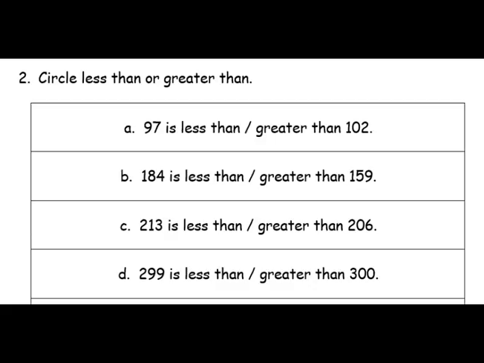Next, we're going to circle less than or greater than to compare 2 numbers. In my first problem, the numbers I'm comparing are 97 and 102. Since 102 has a group of 100 and 97 doesn't, we know that 97 is less than 102. In problem B, I have 184 and 159. They both have 1 group of 100, but the first number has 8 groups of 10 compared to 5 groups of 10.